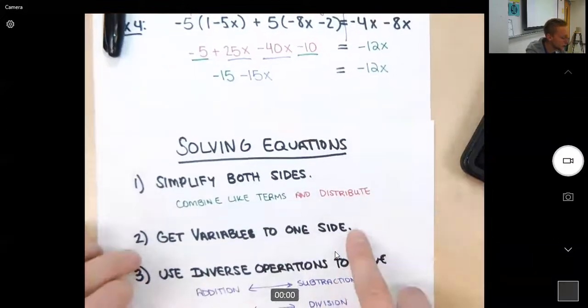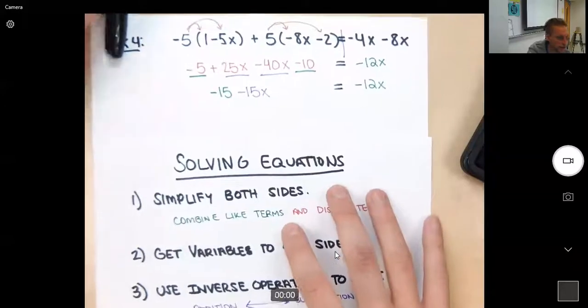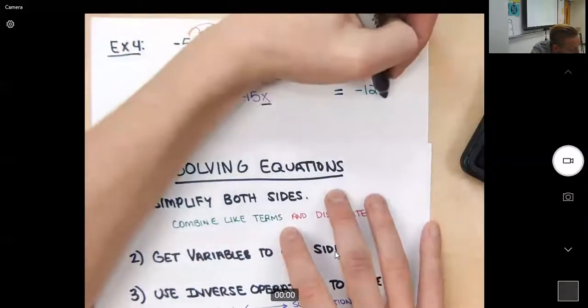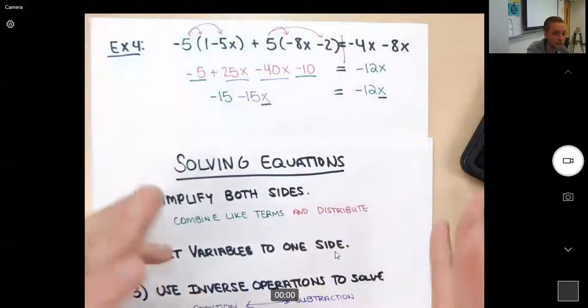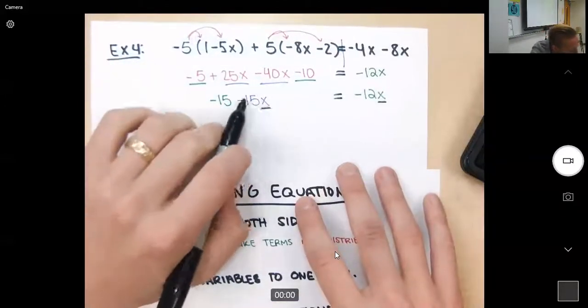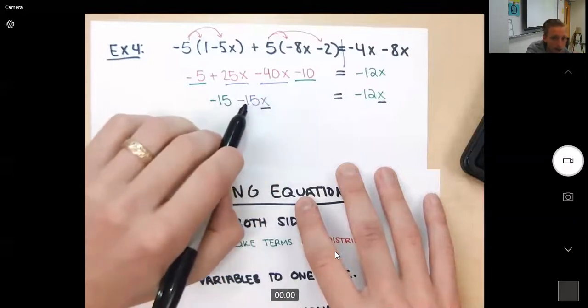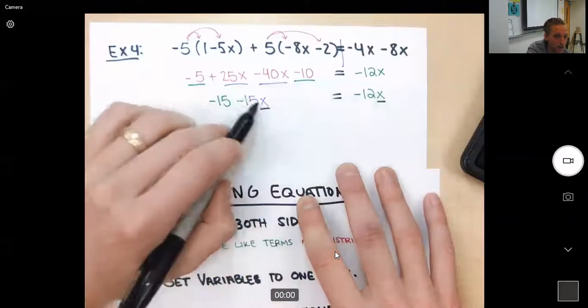We now want to get our variables to one side. Well, we do have to handle that in this case because I've got x over here, x over here. So what do I do to get my variables to one side? Well, if this is a negative 15x, you've got two options. You can either add 15x to this side or you can add 12x.